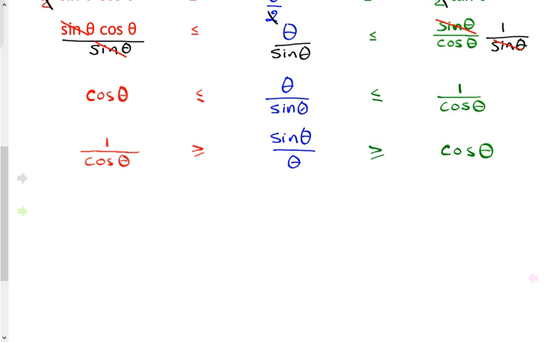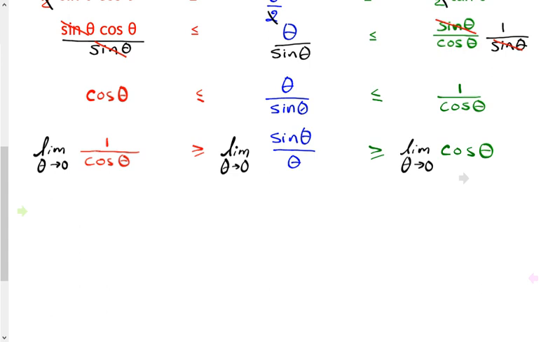And our goal is to determine what happens as theta approaches 0. So we are going to take the limit of each of these expressions. Well, that central one, sine theta over theta, we know both numerator and denominator go to 0. We don't know what's happening. But as I look at the left side, as theta approaches 0, cos theta approaches 1.